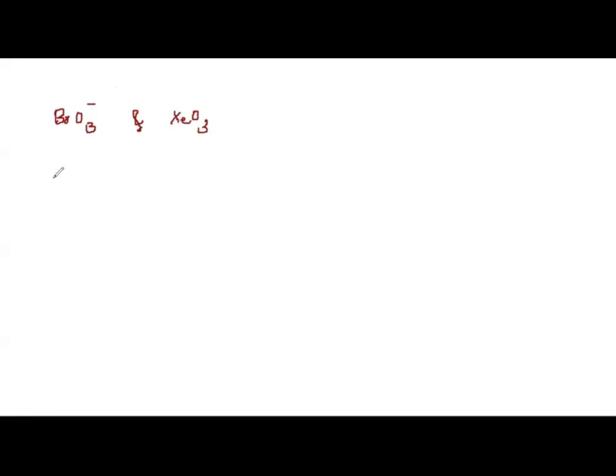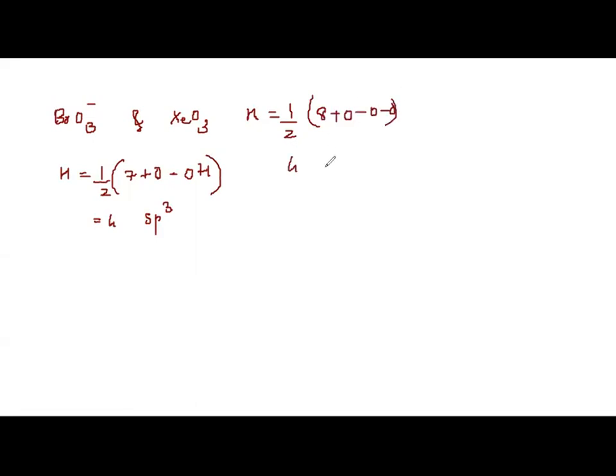The hybridization H, if you calculate, for BrO3 minus, half of bromine 7 plus, all are double bonded, therefore I'll take 0, minus 0, plus 1. So 7 plus 1 is 8, equal to 4. So hybridization is sp3. For XeO3, H is equal to half of 8, all are double bonds, plus 0 minus 0 minus 0, it also comes out to 4. Hybridization is again sp3.